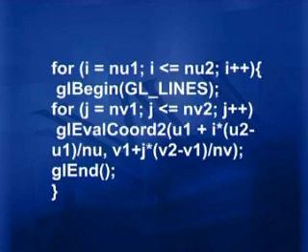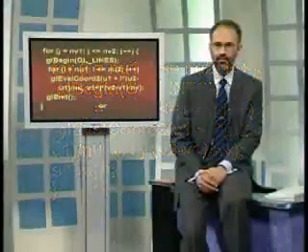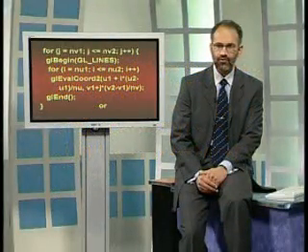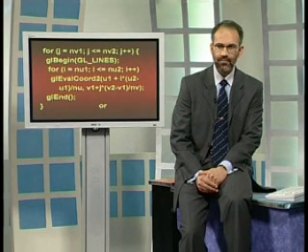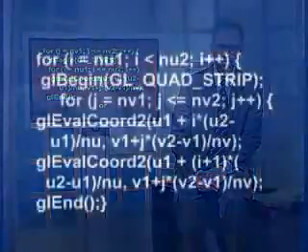Notice we are using GL_LINES over here, but this would be followed by repeating the same couple of loops for GL_LINES, but this time calling glEvalCoord2 for U1 plus I times (U2 minus U1) over NU, comma V1 plus J times (V2 minus V1) over NV.